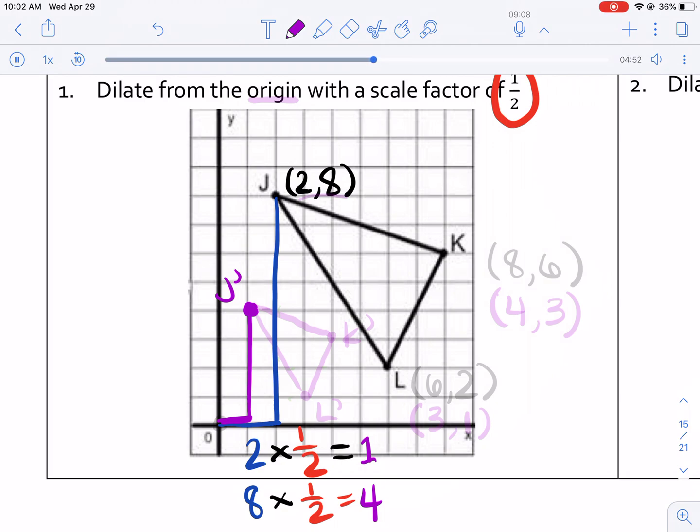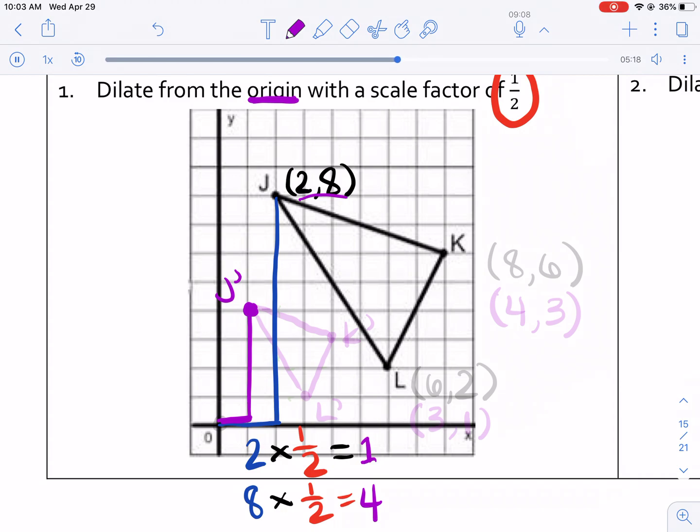Now I'm going to do the same thing with L and K, but a little faster. One thing I notice is that if it's from the origin, the distance is actually represented by the coordinates. So you could technically do this with the coordinates if you're doing it from the origin. Frequently, you don't do it from the origin, so you actually have to count it out though.